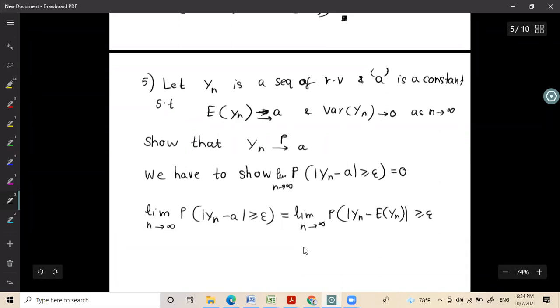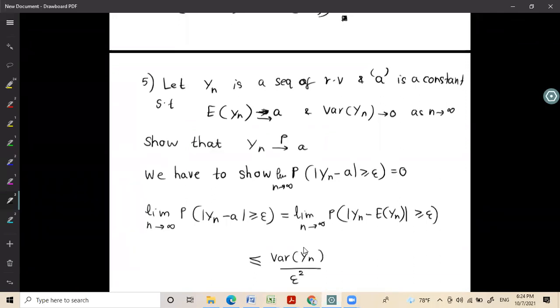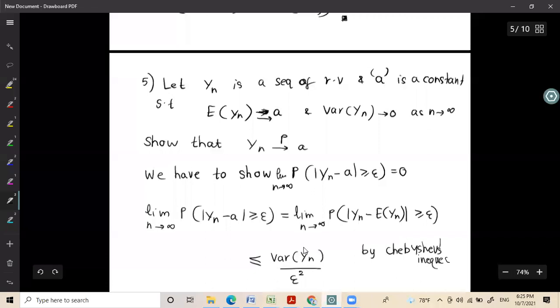So we have the Chebyshev inequality straight away. You can write this as less than or equal to the variance of Yn divided by epsilon squared. Make sure you state why you write this next line with the inequality: because it is from the Chebyshev inequality. Note it down in your answer script.